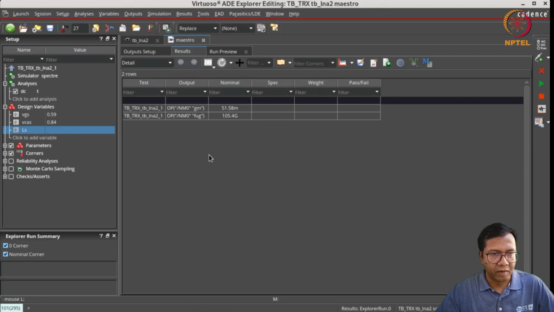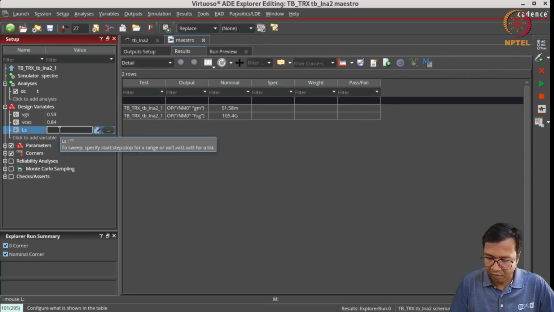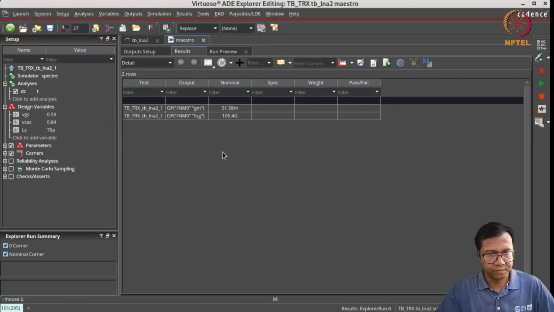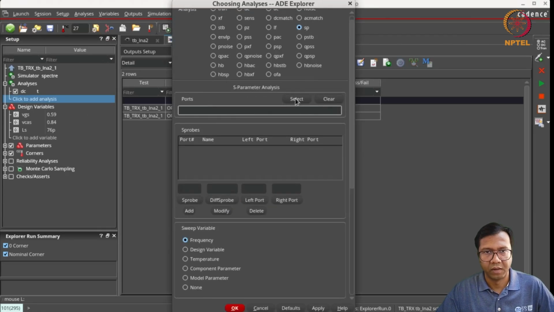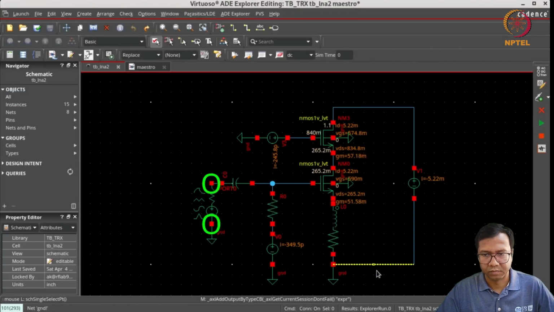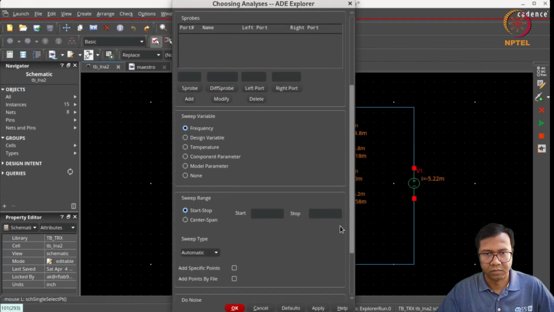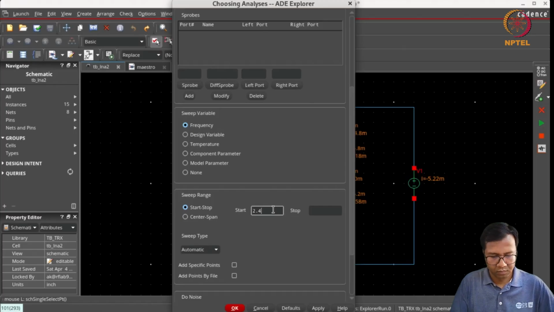For this 105 gigahertz of FT, we are going to get an LS value of around 76 picohenry. We'll choose this to be 76 picohenry, and also perform an S parameter simulation in our frequency band.